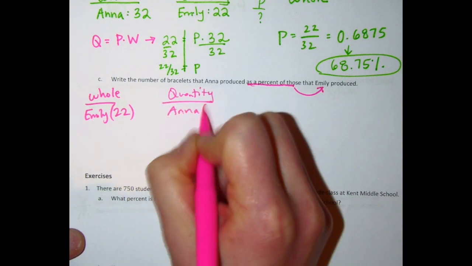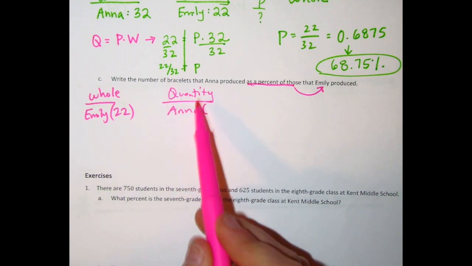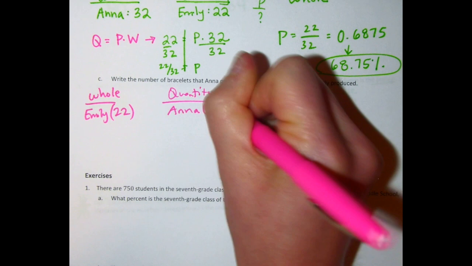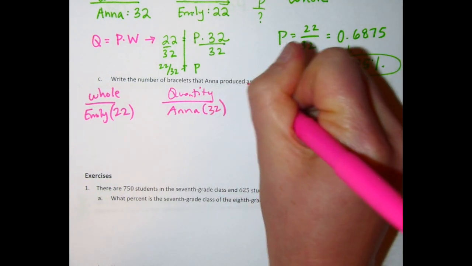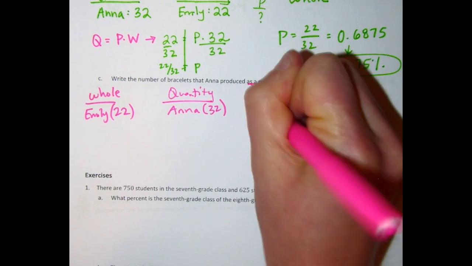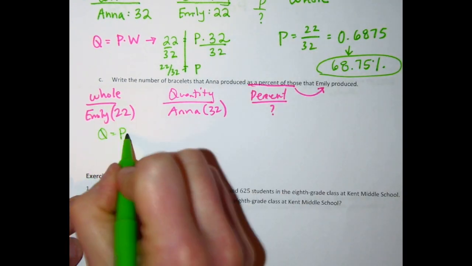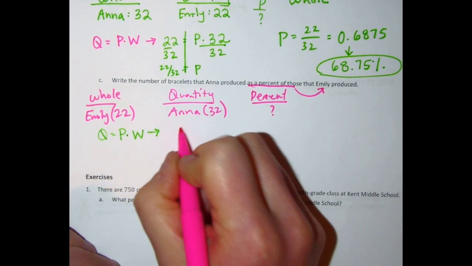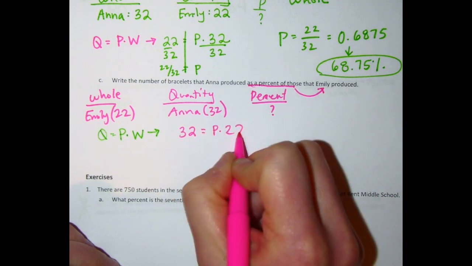Here's a case in which part is not really the right word to use, since Anna's is not really a part of Emily's. It's the quantity that we want to identify the percent of. And percent we don't know still. So now we're plugging into our equation, Q equals percent times whole, and we get Anna's, which is our quantity, equals our percent times Emily's.